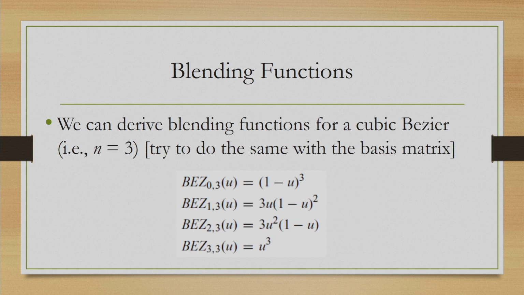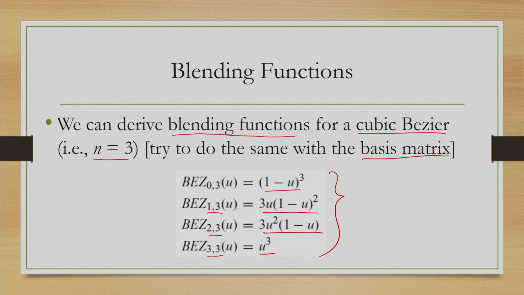Now, if we expand the blending functions for say a cubic Bezier where n equal to 3, how does it look? Bez 0,3 is (1 minus u) cube, 1,3 is this one, 2,3 is this one, and 3,3 is this one. So, these are the blending functions for the Bezier cubic curve. The same thing we can derive from the basis matrix also. As I said in the previous lecture, they are equivalent, one can be derived from another, and you can try to do the same.